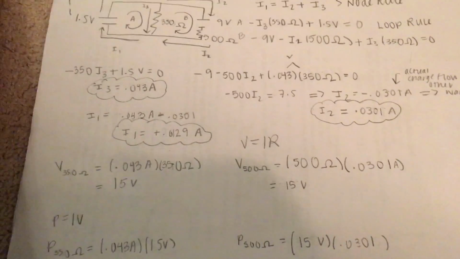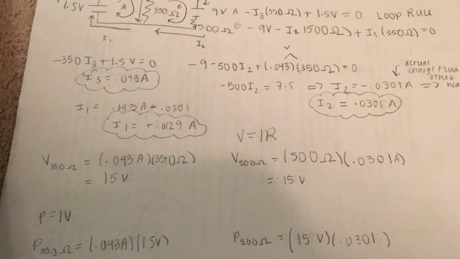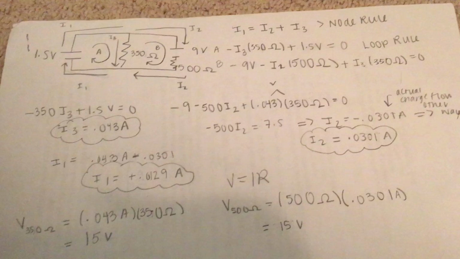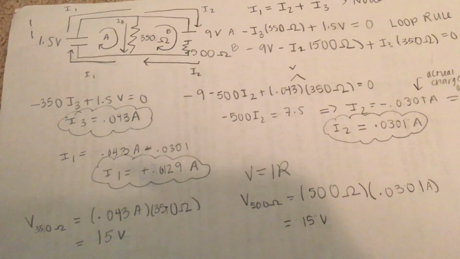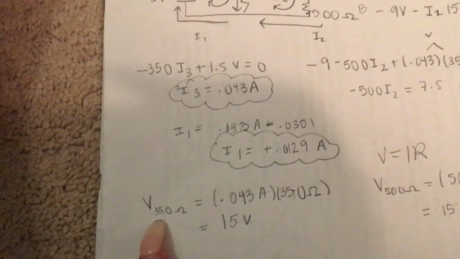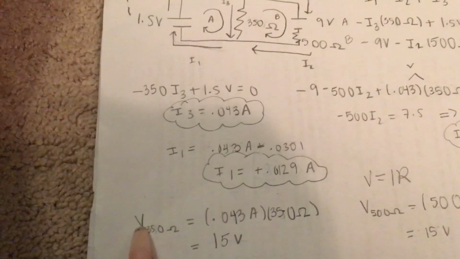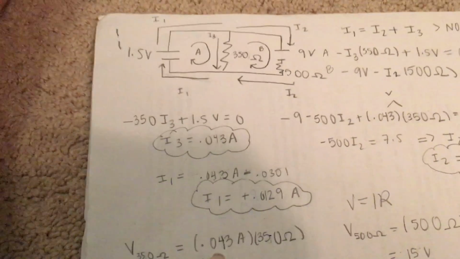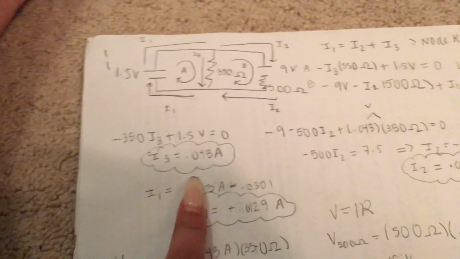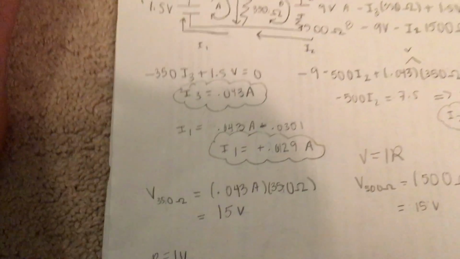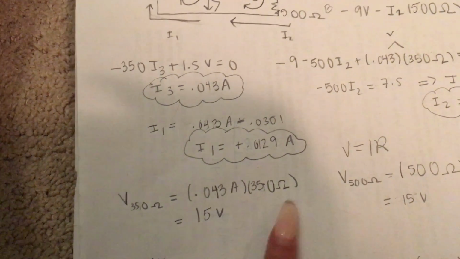And then to find voltage across my two resistors, I used V is equal to IR, and this is for the voltage across the 350 resistor. I just multiplied the current across that resistor, I3, times 350 ohms.